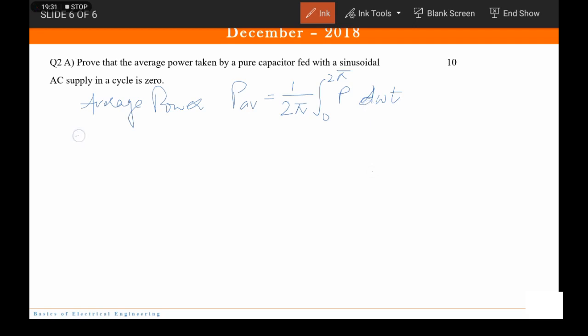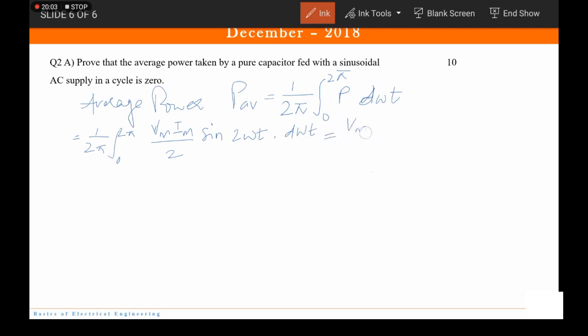Fine. So here we will be placing the value. So it is 1 upon 2 pi integration 0 to 2 pi. What was the instantaneous power? It was Vm Im by 2 sine twice omega t d omega t. Correct?